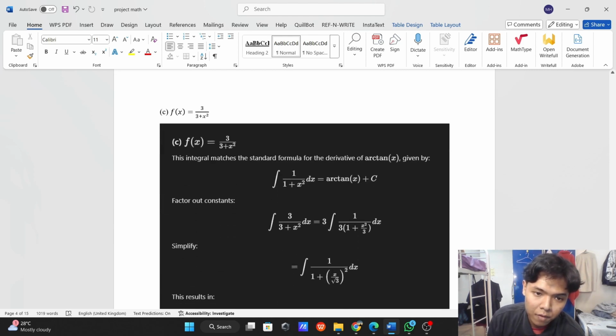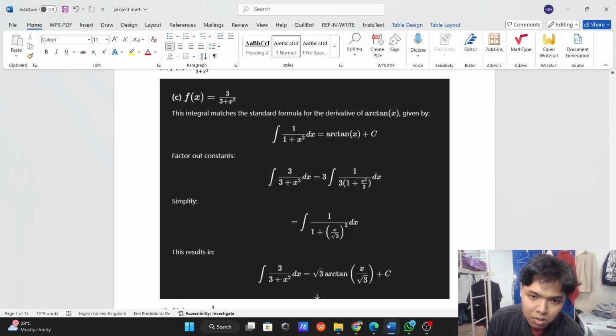C. f(x) is equal to 3 over 3 plus x squared. This integral matches the standard formula for arctangent x, given by the integral of 1 over 1 plus x squared dx is equal to arctan x plus c. Factor out the constant, we will get, for example, the integral of 3 over 3 plus x squared dx is equal to 3 times the integral of 1 over 3 times 1 plus x squared over 3 dx.